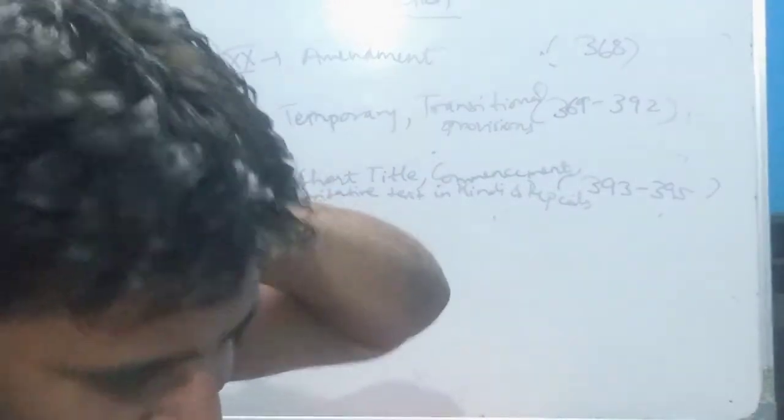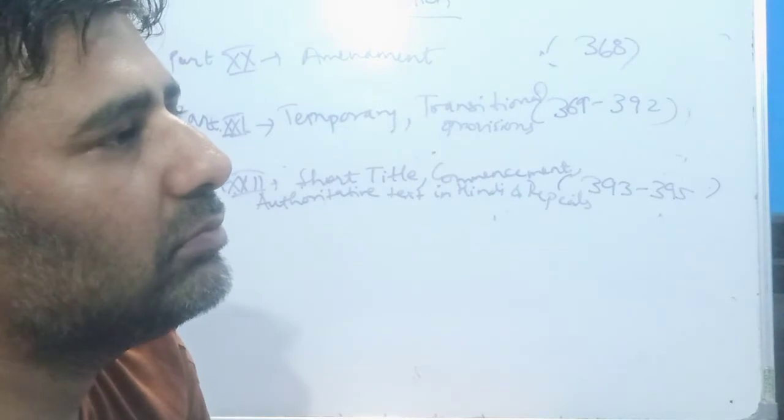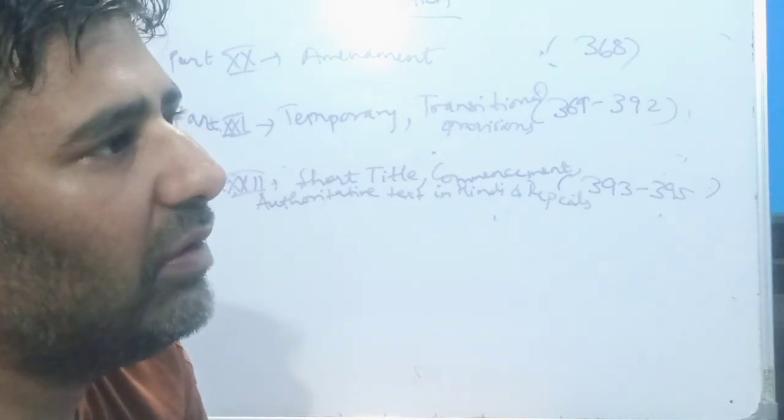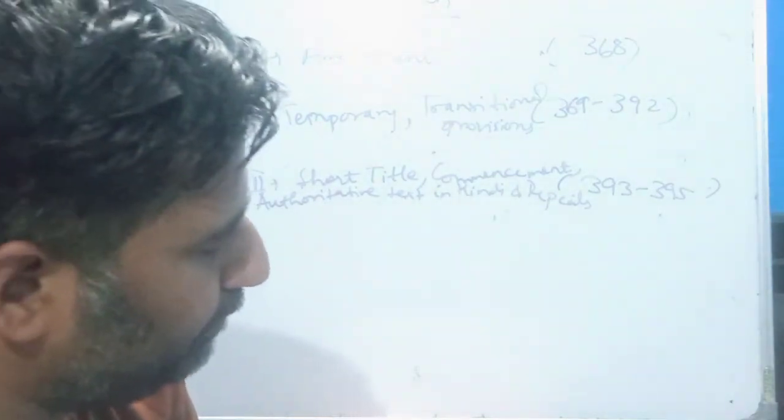So among these, let us look at the important parts once again. Part third, which is from 12 to 35, part 4, 36 to 51, then part 4A fundamental duties, then 324 to 329A which is elections, then 323A to 323B which is the tribunals, then 352 to 360 which are the emergency provisions.